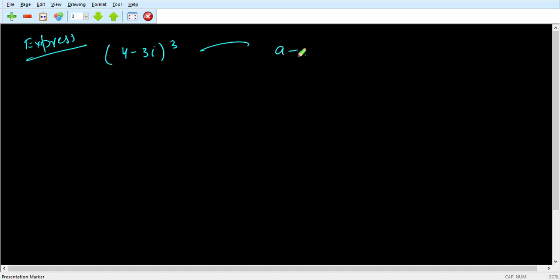So expand this. This is in the form of (a minus b) to the power 3, so we should write a to the power 3 minus b to the power 3 minus 3ab (a minus b).